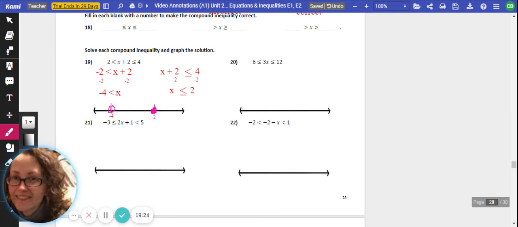So let's go ahead and see what these two look like. So I want x to be greater than -4, which is going to be to the right, and x less than or equal to 2 is going to be to the left. So I do want to shade in the middle, and because this is an and statement, that will be correct.